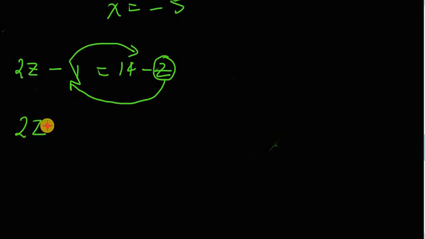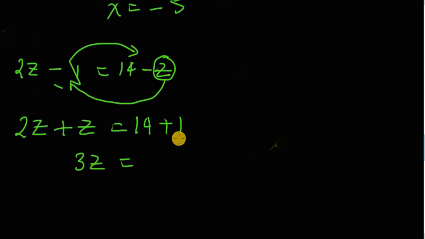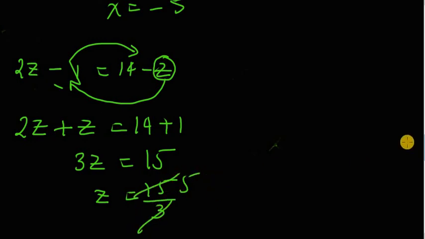So 2z, here it is minus z, it will convert into plus z. So here it is minus 1, it will convert there into plus 1. So if we add this, we get 3z equal 14 plus 1, that is 15. So z equals what? Here it is into 3. Okay, there it will be divided by 3. So this is how it is. So we can cancel this. So z equals 5. So this is the answer.